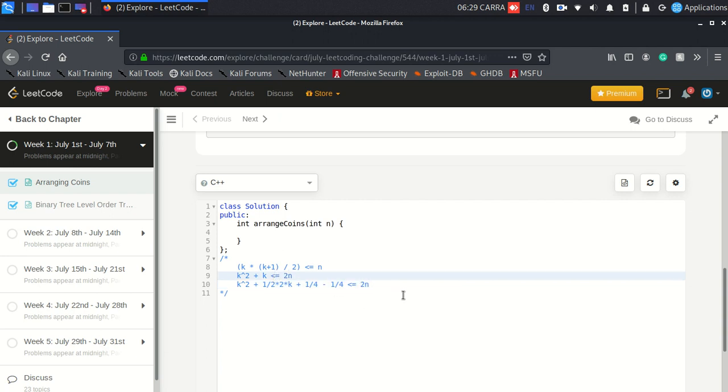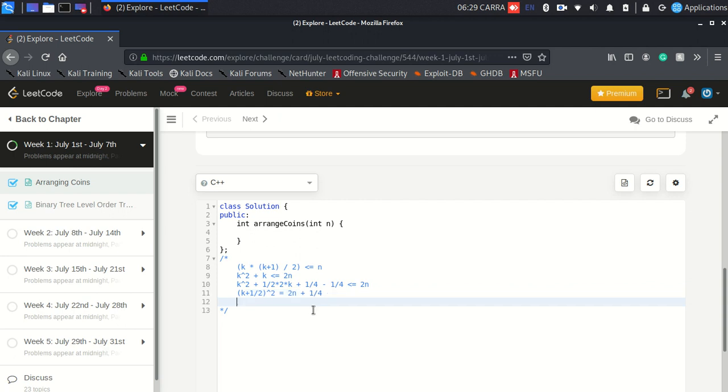So this would be less than or equal to, k square plus half into 2 into k plus 1/4, which is nothing but k plus half whole square, and this minus 1 by 4th. I'll take that on the right side, so that basically becomes 2n plus 1 by 4.